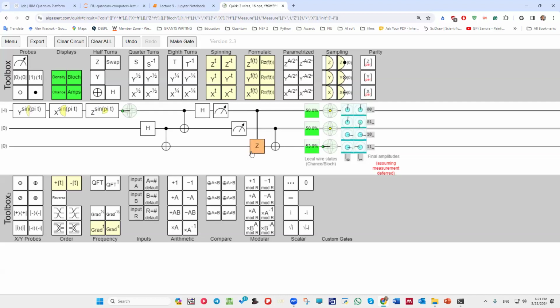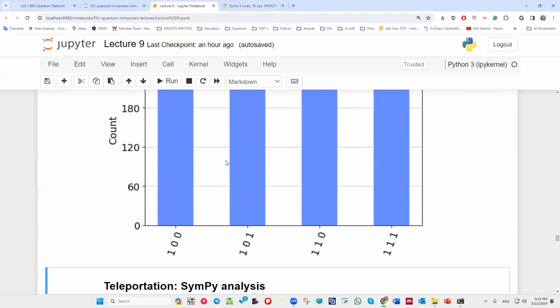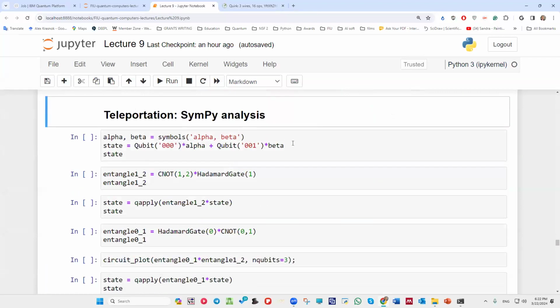So teleportation leads to destruction of the quantum state we teleported. This is another important principle. Yeah, so as you can see, this is the protocol, the algorithm for the teleportation of the quantum state.